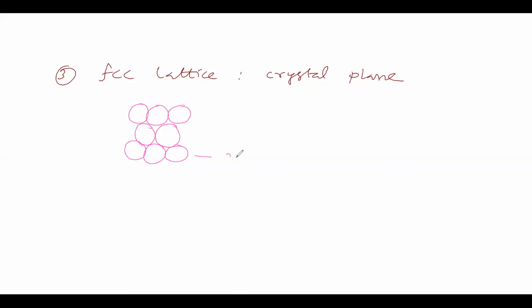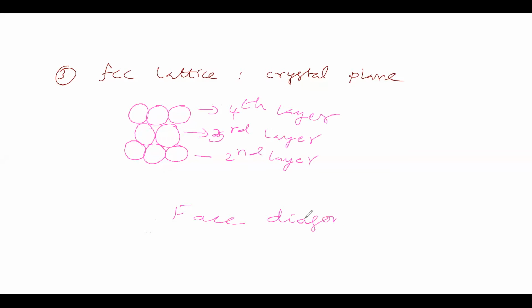So this is the second layer. This is the third layer. This is the fourth layer. Like this you have to consider. This is what we call a face diagonal plane. Okay. Let us go for the next question.